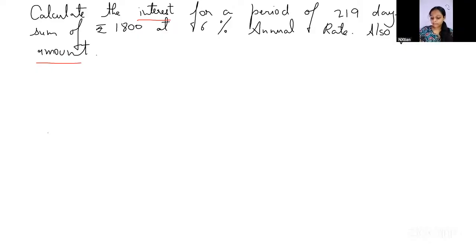We'll do time equals to 219 days, equals to divide 219 by 365.